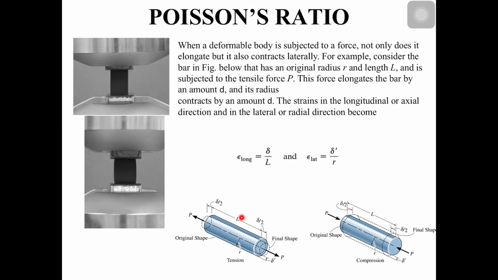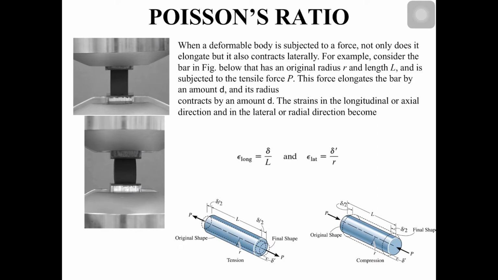When we have the bar like this, and we have force, let's say force P, it will elongate in the longitudinal direction and it will contract in the lateral direction, right?